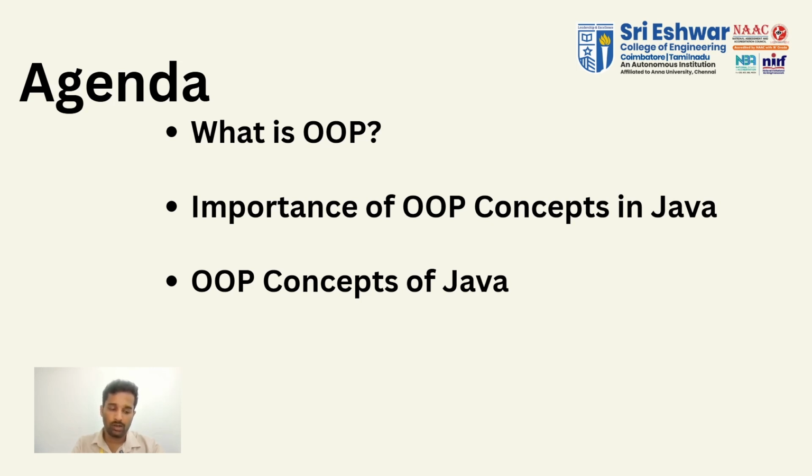What is OOP? OOP is object-oriented programming. It is a paradigm that organizes software around objects, data and behavior bundled together rather than just functions. This approach models the real world, making code intuitive.